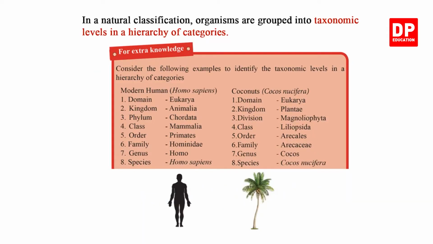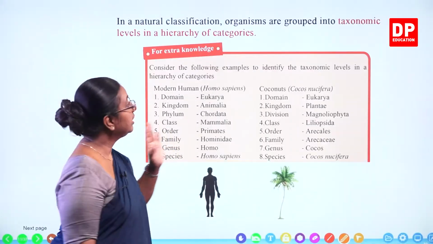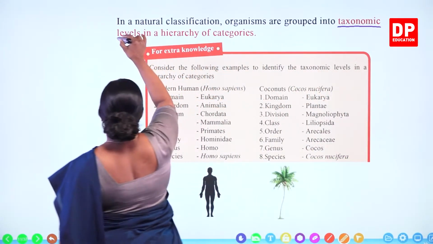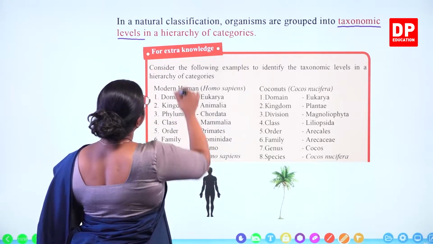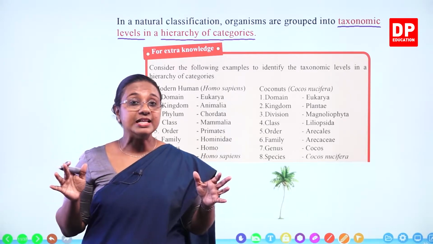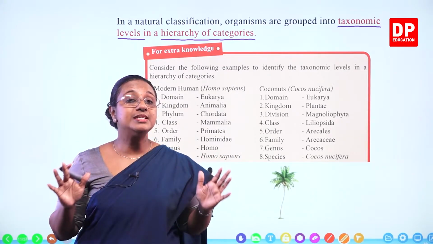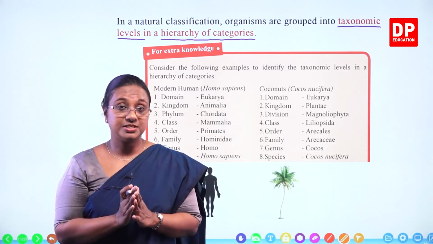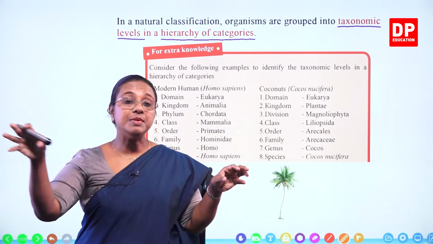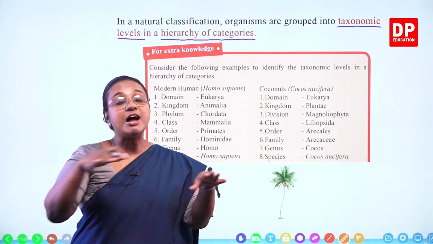So in natural classification, organisms are grouped into taxonomic levels in a hierarchy of categories. So here you need to remember or understand these 2 terms, taxonomical levels and hierarchy of categories. Now we said there are about 8.7 million species. Now to classify them, you can't just put them into different groups in one level.